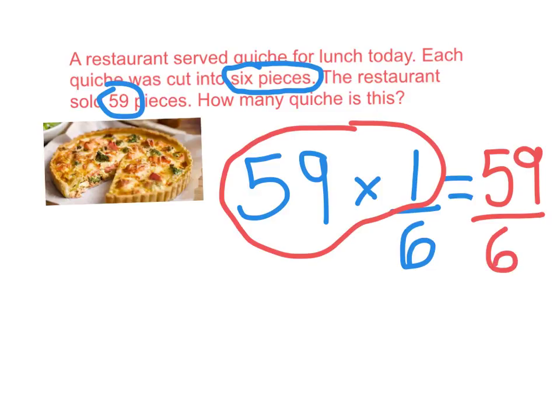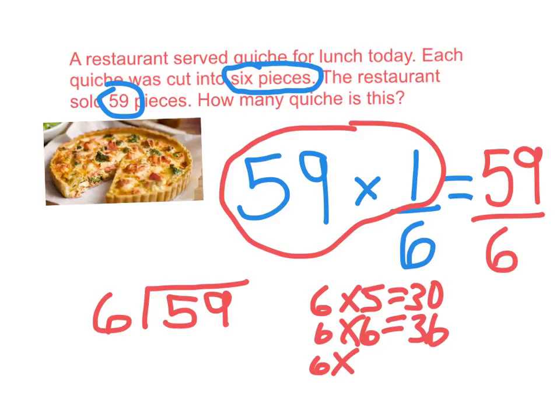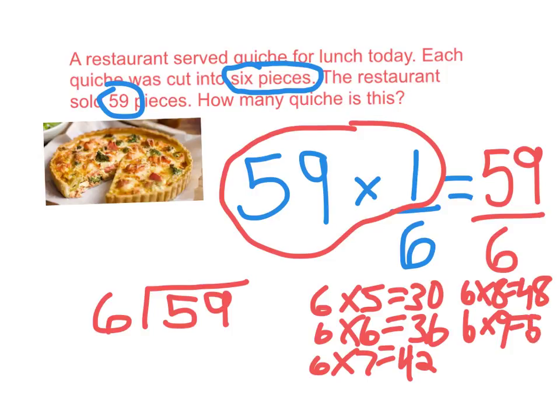This time, I think about it, 6 times something. Does it go exactly into 59? No, it doesn't go exactly, so I'm going to write it out using working form. And I ask myself, 6 times what is equal to or less than 59? Well, I know 6 times 5 equals 30. 6 times 6 equals 36. 6 times 7 equals 42. 6 times 8 equals 48. 6 times 9 equals 54.